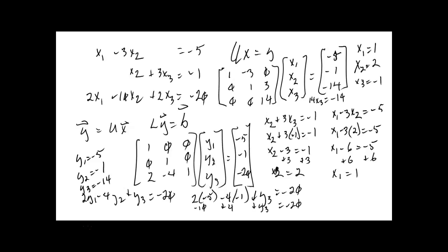Yeah. That's solved. Okay? So once you have the upper and lower triangular matrices, solve this one by forward substitution. You just make up this y here. Okay? Solve it by forward substitution.